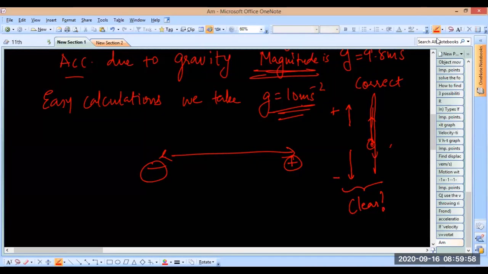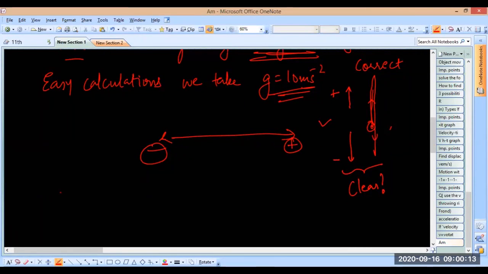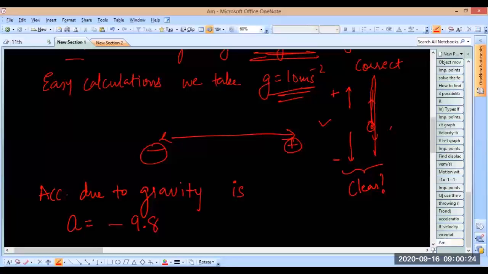Okay. So if you do that, listen to this very carefully. If you take it like this, like this diagram, vertical, then the acceleration due to gravity is a equal to minus 9.8, or you could also write it as minus g, and unit meter per second square.